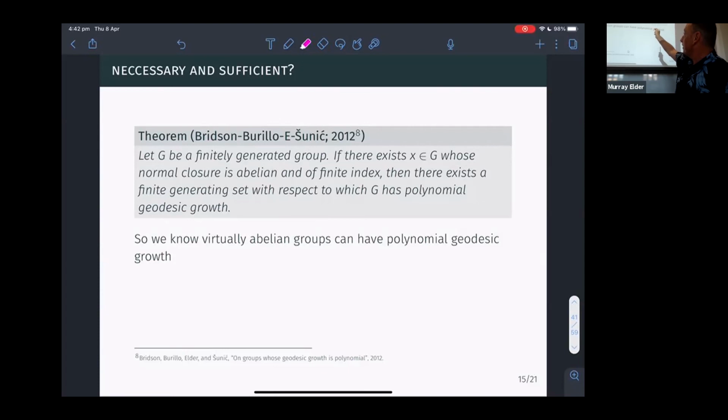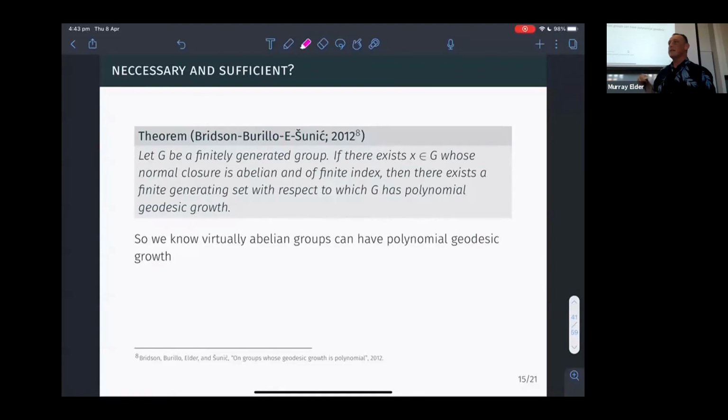But if you can find a single group element whose normal closure is abelian and of finite index, so suddenly the group is virtually abelian, then you can rig together a generating set, making this group element the dominant one, essentially.